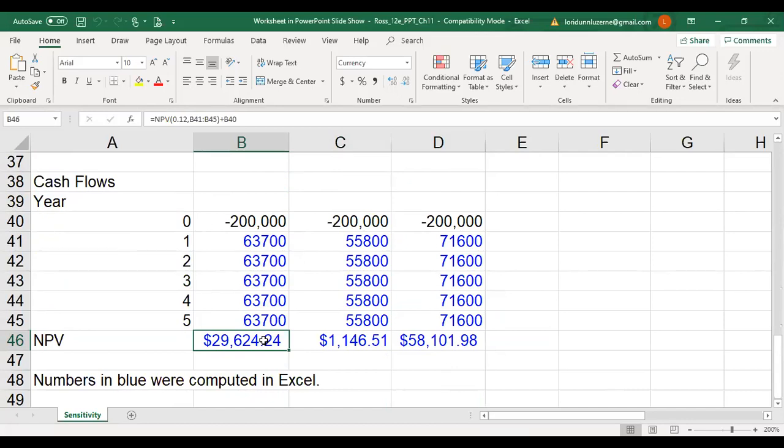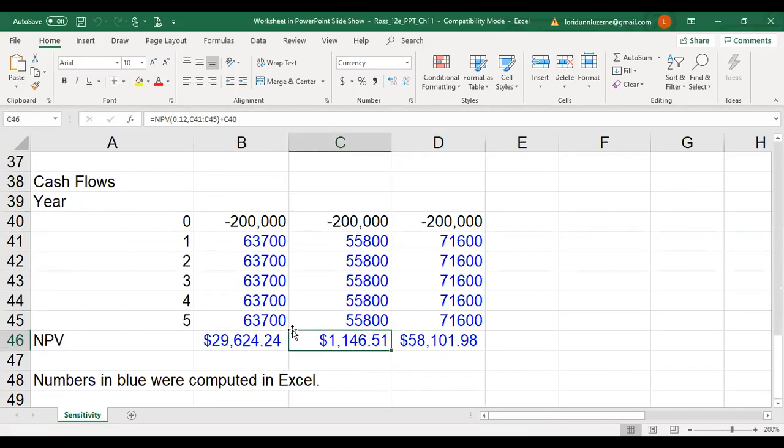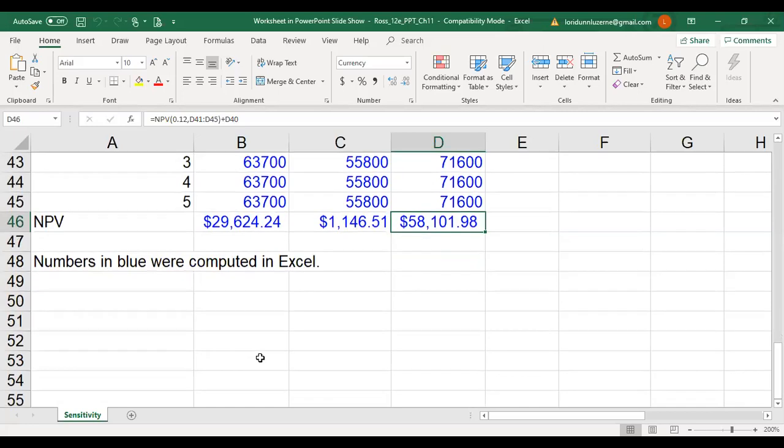Base is our first, then worst, and then best. So they all stay positive if the number of items sold changes. So there's no major impact in that respect.